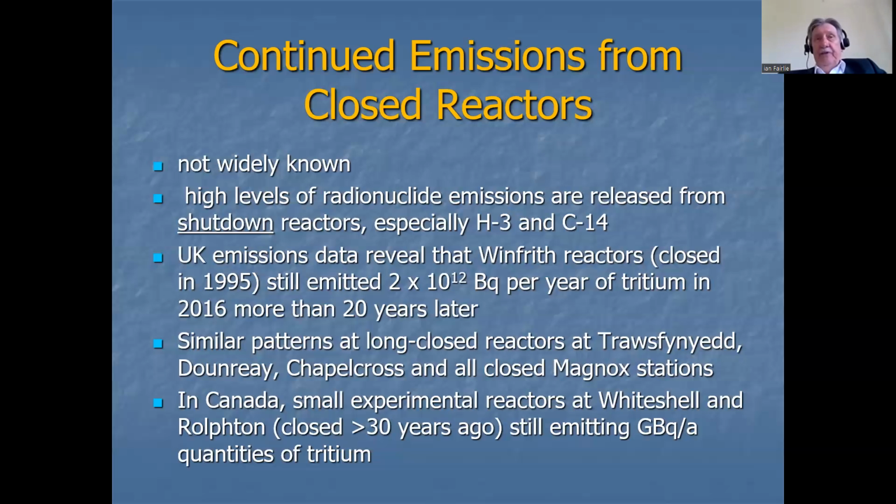The tritium is released from the concrete structures of the reactor vessel and also the containment vessel. Why? Well, these are old reactors. They've been operating for 30, 40 years or so. And during that time, the water or the hydrogen atoms in the concrete have become activated by the neutron bombardment from the operation of the reactors.